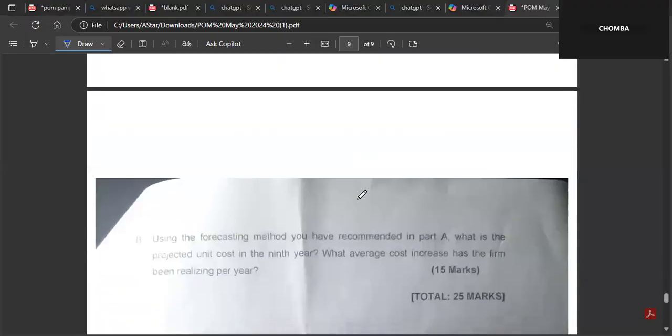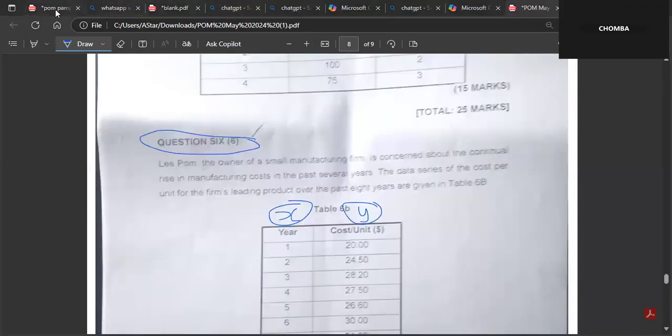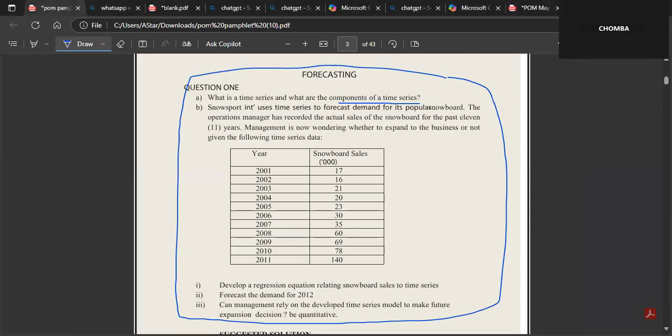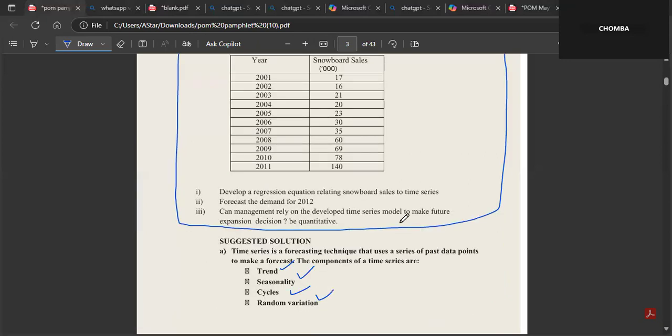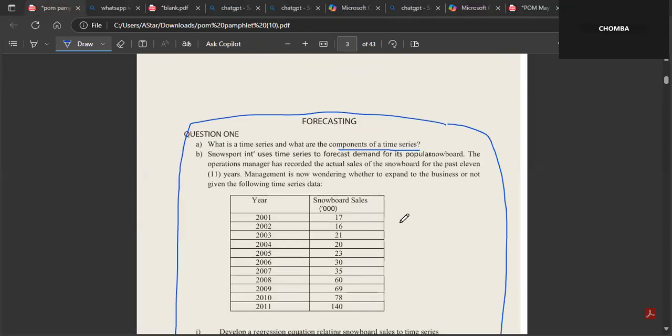This exact question that we're about to do from this pamphlet came in the May 2023 exam paper, the one I shared the other time where we were doing the setup cost. Do you remember that one? Since it's the same question, there's no problem. You get the point, right? I'll look for it. So you can read for me question part B.